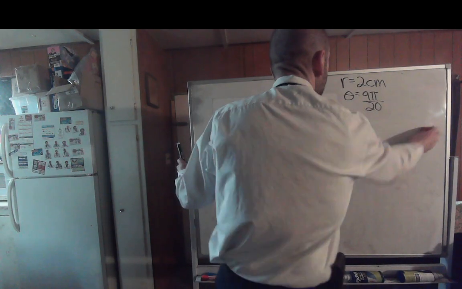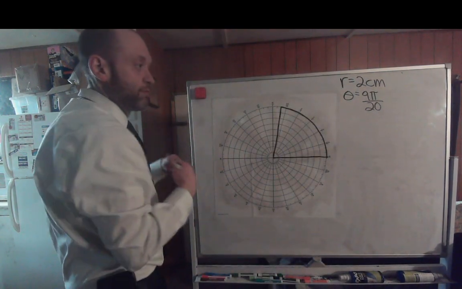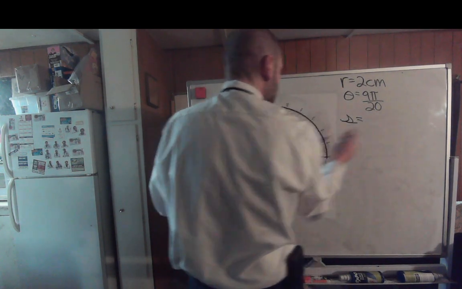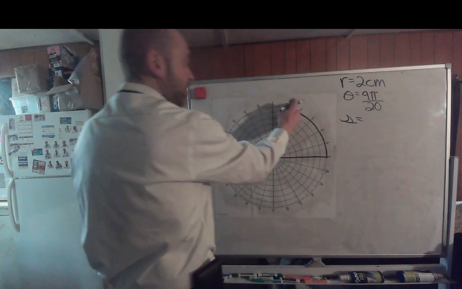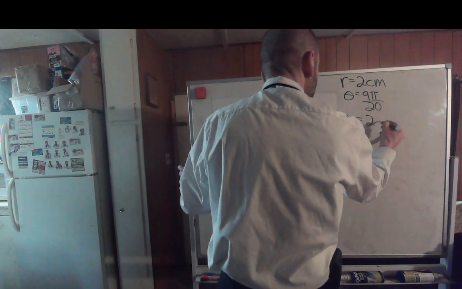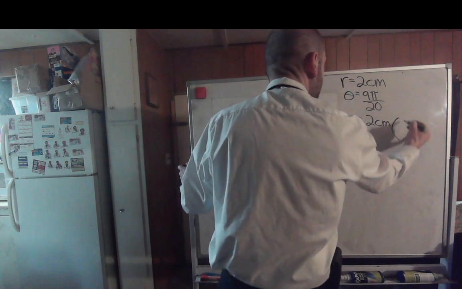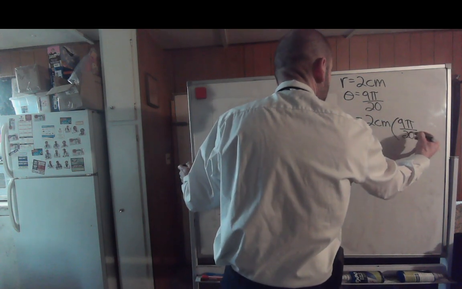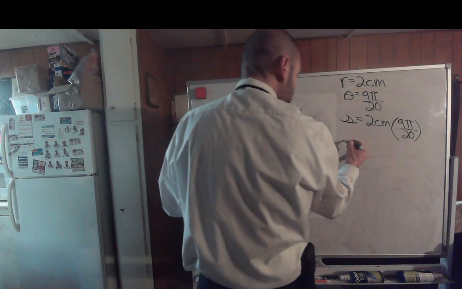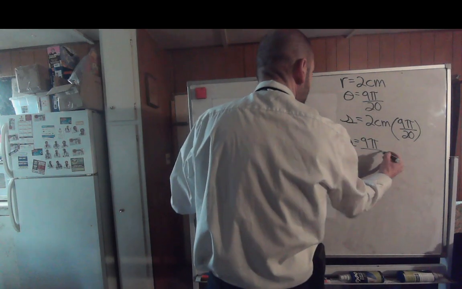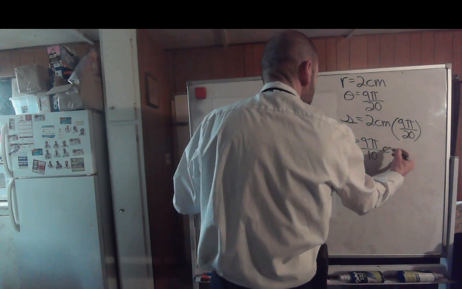Okay. Now let's keep it in radian form for our formula. So the arc length for this whole length here is going to be my radius of 2 centimeters times my theta of 9 pi over 20, which should simplify into 9 pi over 10 centimeters.